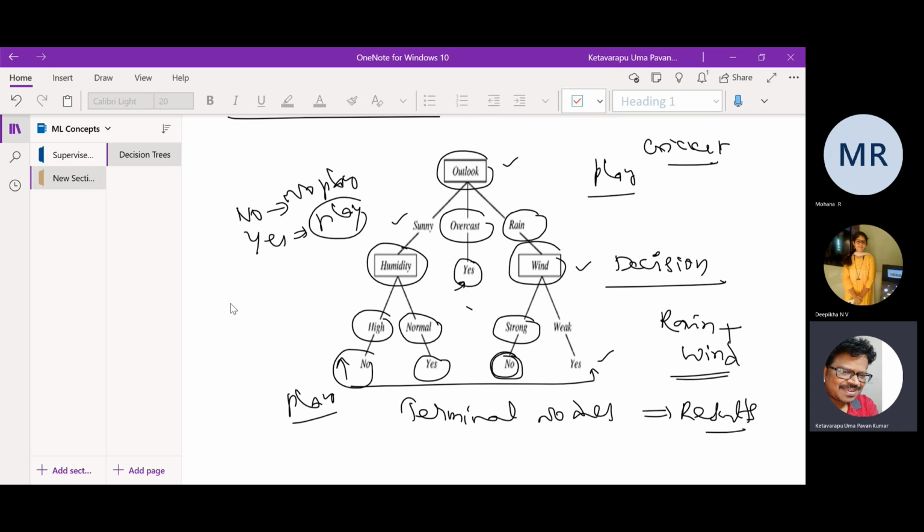But if rain is there, a drizzle or so, and the wind is very weak, a normal wind, then in that case there is a chance of playing cricket. So if you observe these approaches, there are many dimensions and many situations, and finally we are able to conclude whether we are going to play or not.